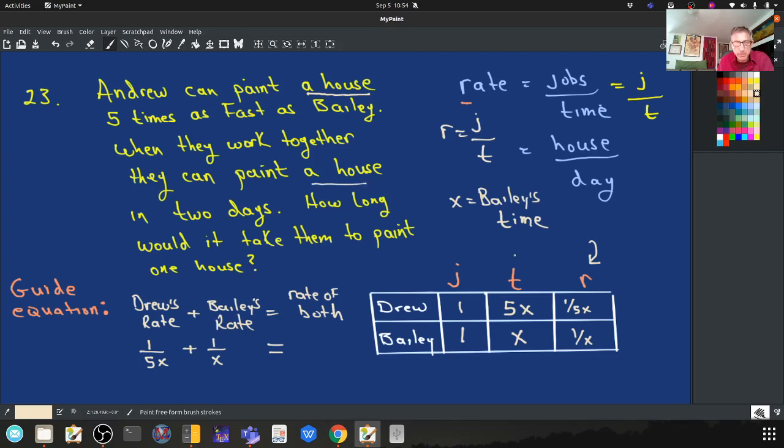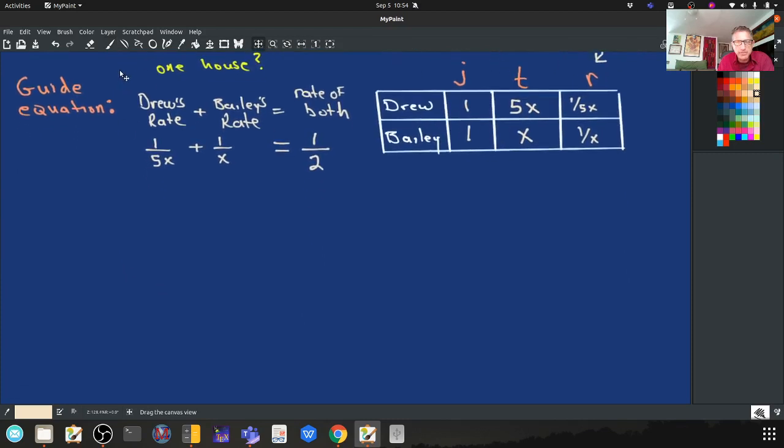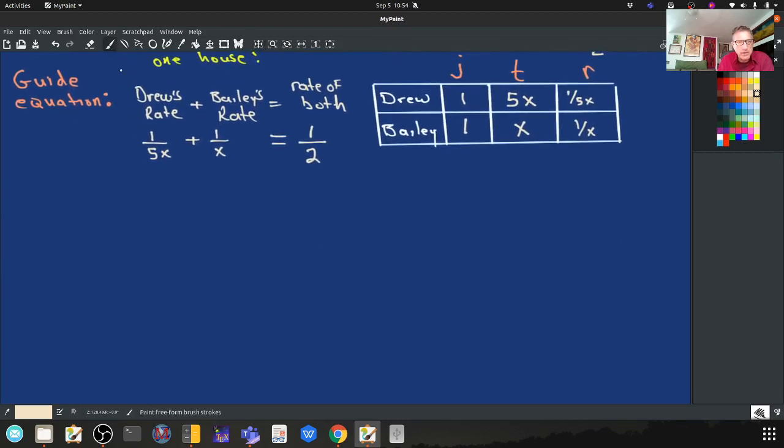So their combined rate is one house, and remember the denominator is day, so it's 1 over 2. So literally now I have an equation. So let's solve this equation. My equation is 1 over 5x plus 1 over x is equal to 1/2.